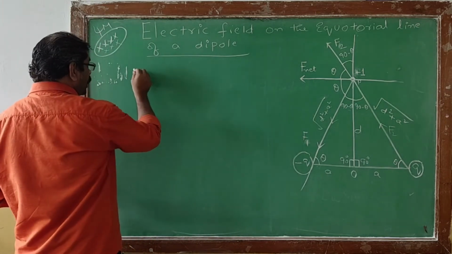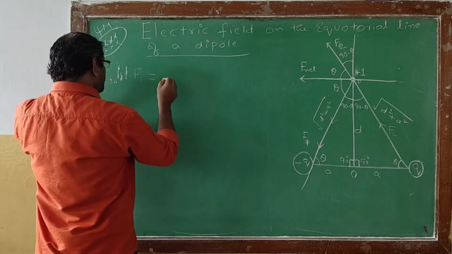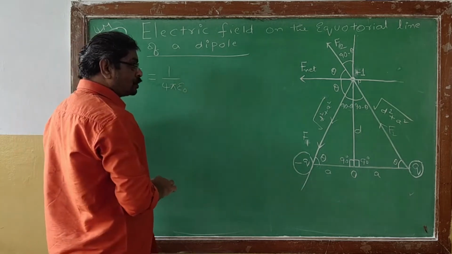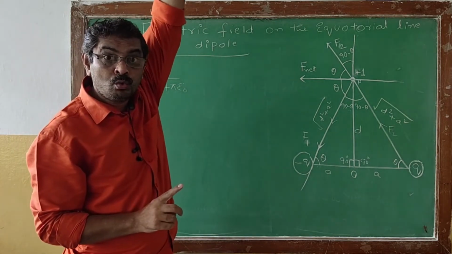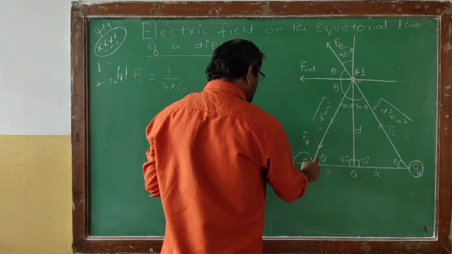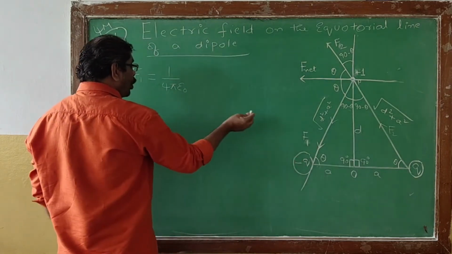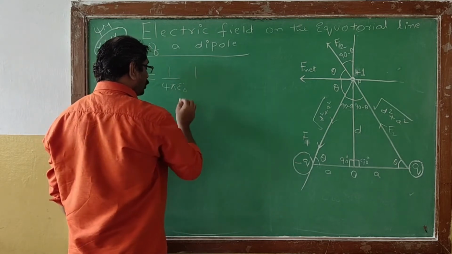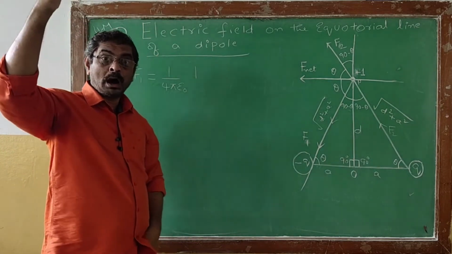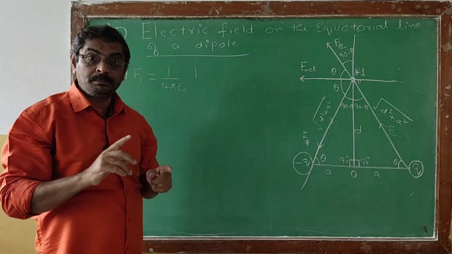So you already know from Coulomb's law, the magnitude of F1 will be given by the formula 1 by 4 pi epsilon naught Q1 Q2 divided by d square. So Q1 will be the magnitude of minus q.